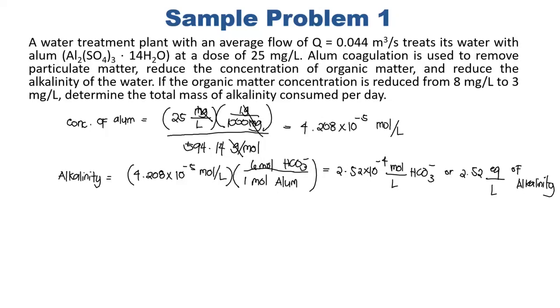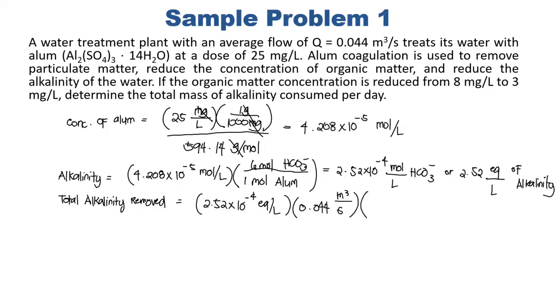The next step is to solve for the total alkalinity removed. So for the total alkalinity removed, it is equal to the alkalinity, which is 2.52 times 10 raised to the negative 4 equivalents per liter, times the average flow of 0.044 cubic meter per second.